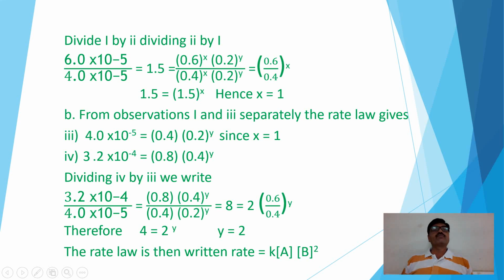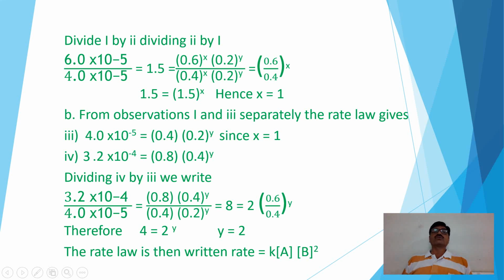By calculating this, we will get the answer 1.5. The power is the same, 1.5 here. And here, see here, 0.6 divided by 0.4, molar concentrations of A, molar concentrations of B, like this.